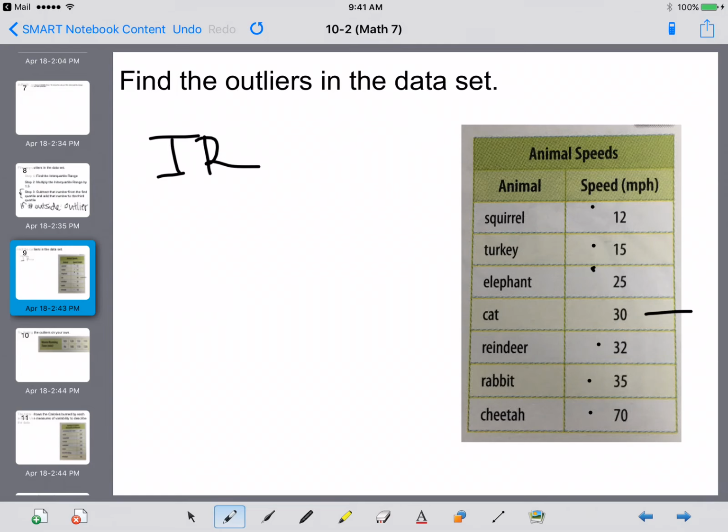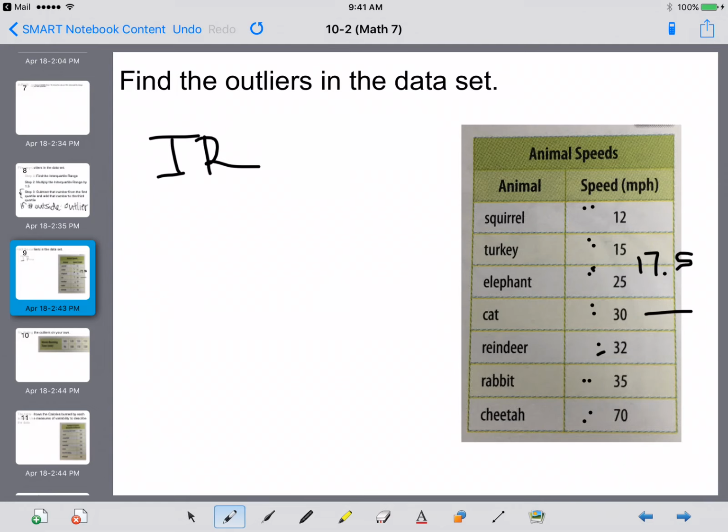So then I need to go from here and figure out our first quartile. So boom, boom, boom, boom. I need the number that's between 15 and 25. And that would be 17.5. So 17.5 is our first quartile. Then here, 30, 70, 32, 35.